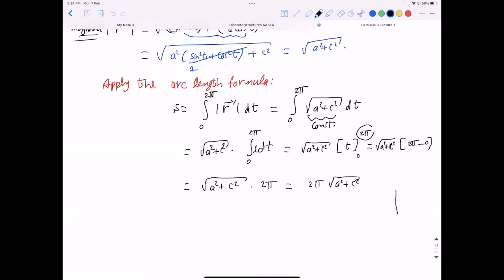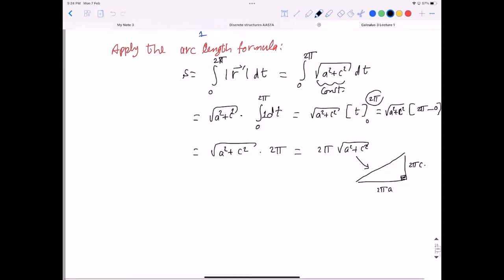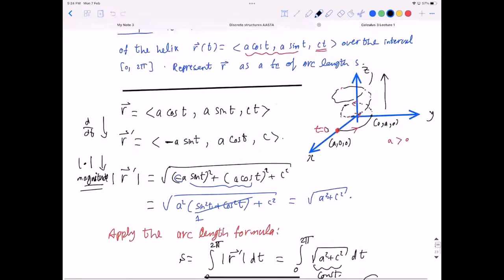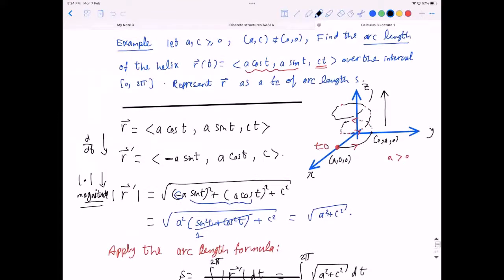And notice that this is the hypotenuse of a triangle whose legs are 2 pi A and 2 pi C. By Pythagoras, we get this hypotenuse here. This is the answer. This is the length of this helix from the time t equals 0 till the time t equals 2 pi.